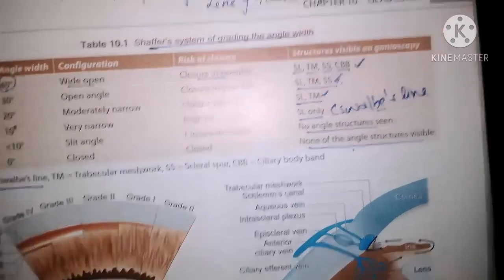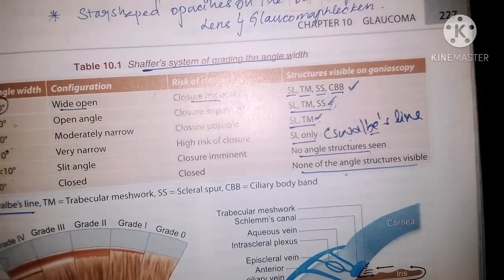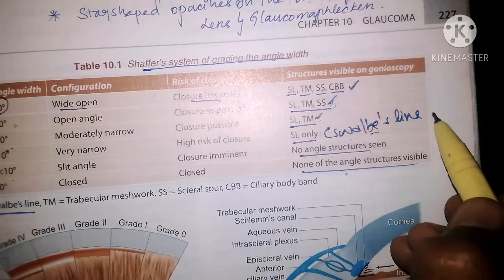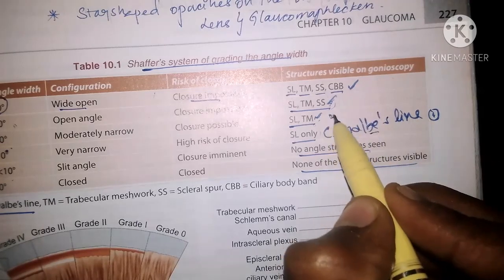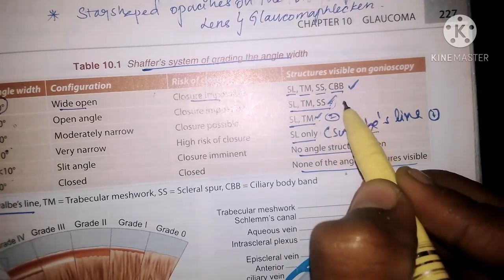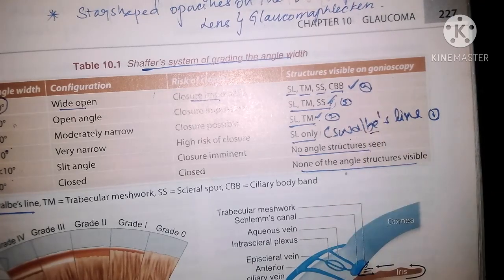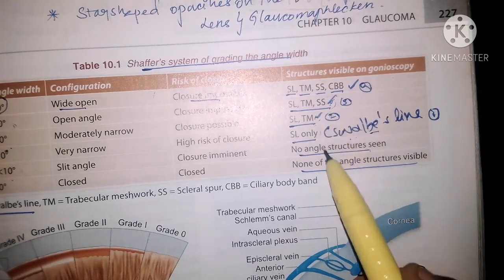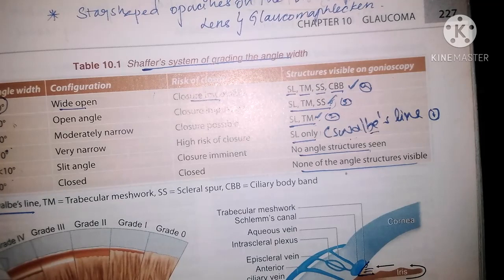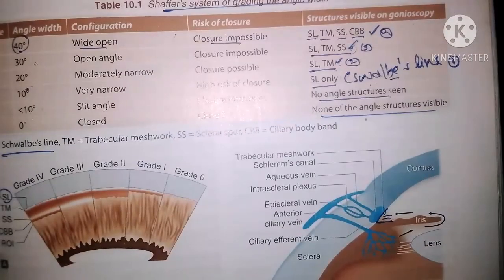So we can remember these structures in order: first we can see Schwalbe's line, second trabecular meshwork, third scleral spur, fourth ciliary body band. Clear? So these are the structures that we can see in the anterior chamber depending on angle. Okay, thank you for watching.